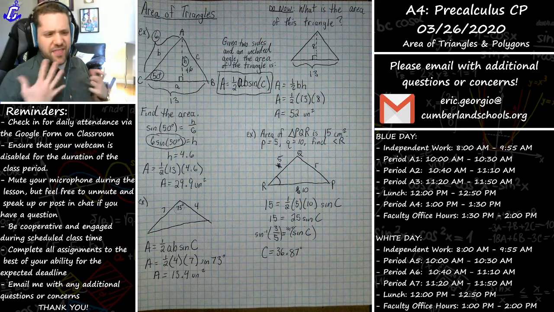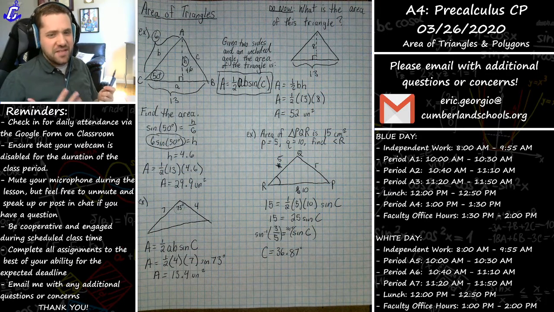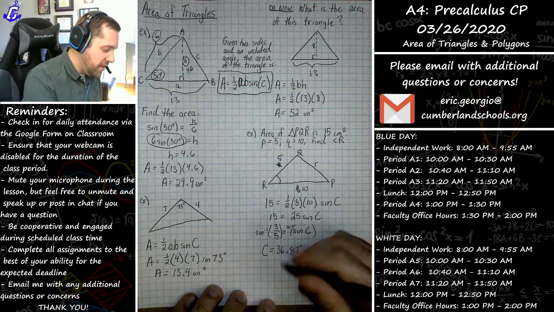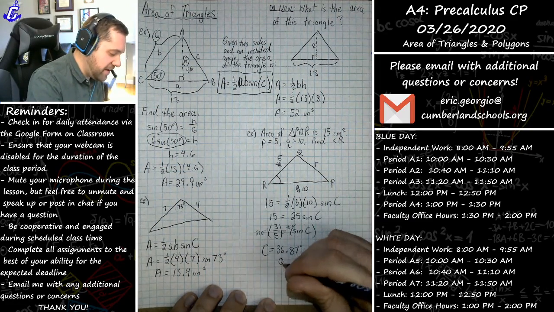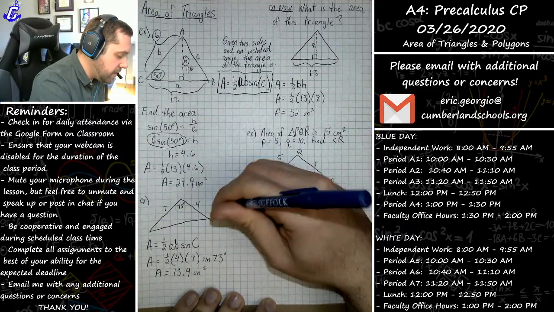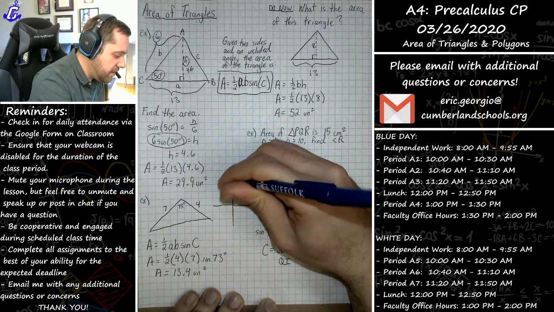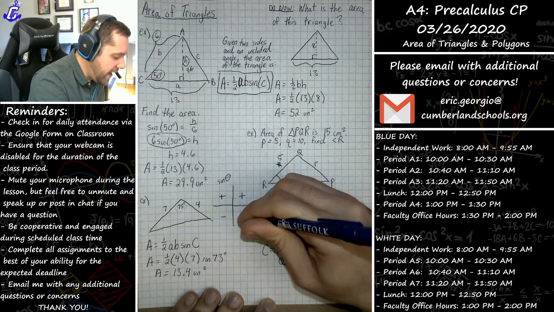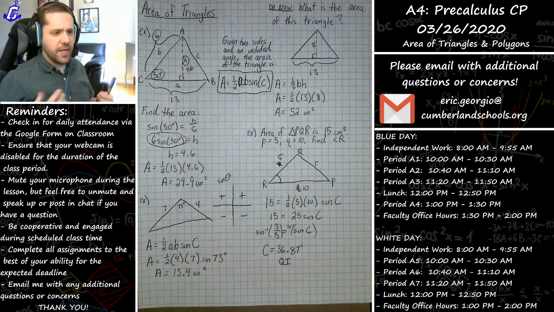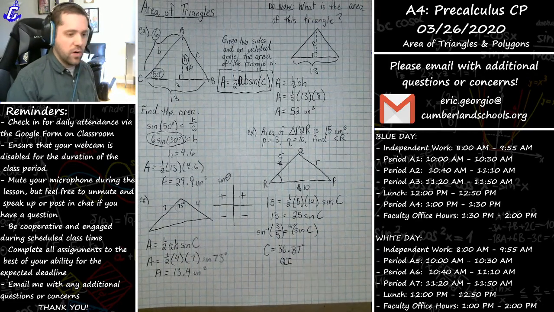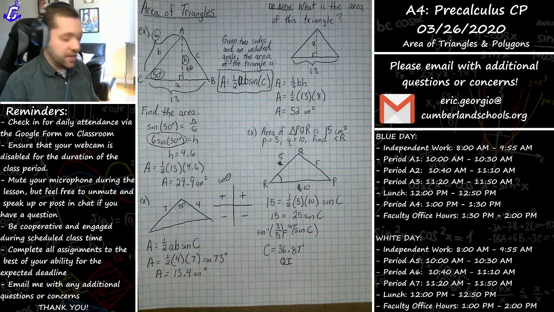But really, that is not the entire answer. That's unfortunately only half of the story. This is an answer that exists in quadrant 1 for sure, because if you recall, the sine of any angle is positive in the first quadrant and the second quadrant. So this is the case if this angle were that of an acute triangle.